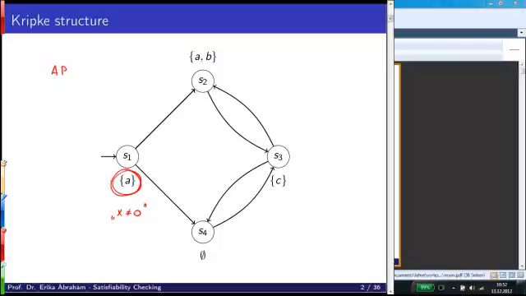And he assigns by the modeling that if the system is in state S1, then x is never 0. So we assume a priori that this atomic proposition labeling is valid. And then we try to talk about these systems.